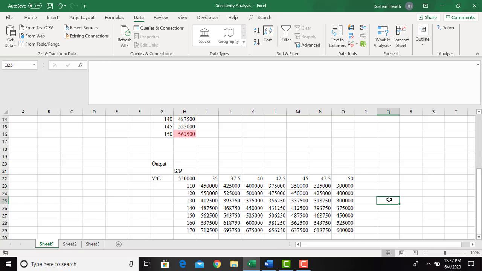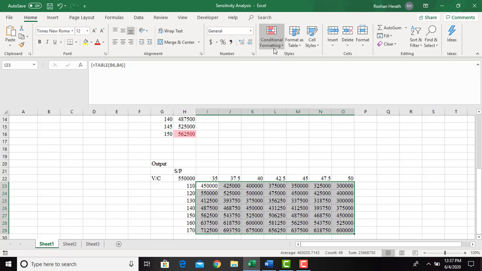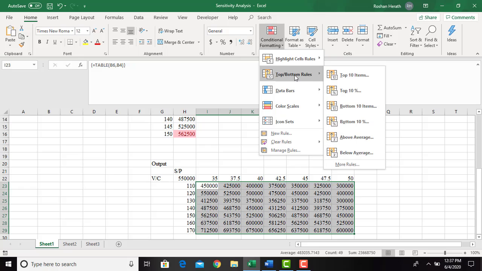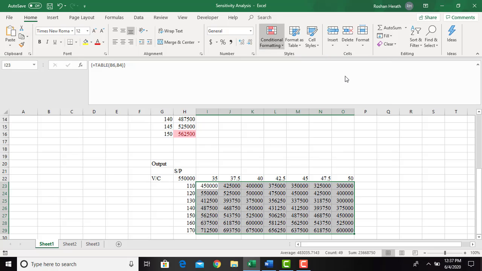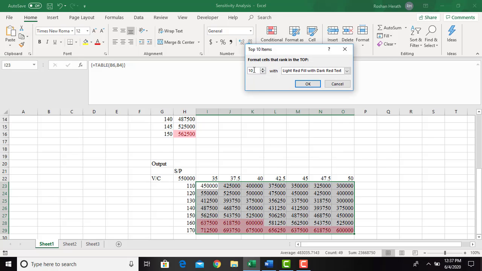Now you've been asked to identify what is the optimum mix. So what must be the best combination of variable cost and selling price? Or in other words, what combination produces the highest profit? So select the area, the different outputs, and go to the conditional format. Take the top bottom rules and go to the top 10 and make it top 1. Say OK.